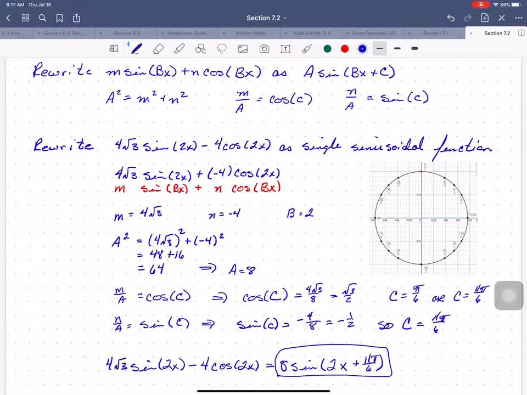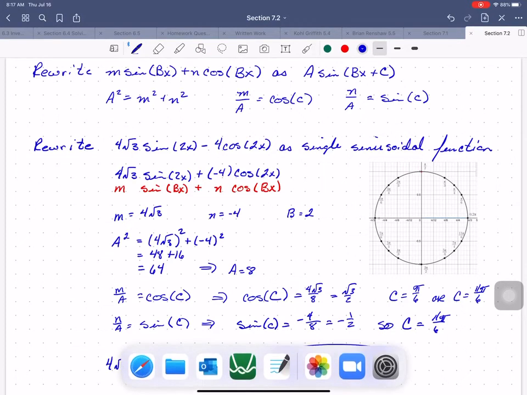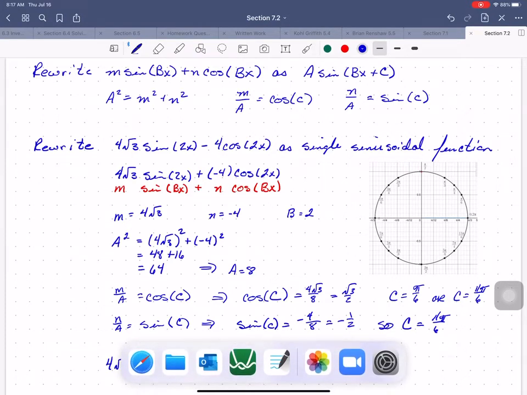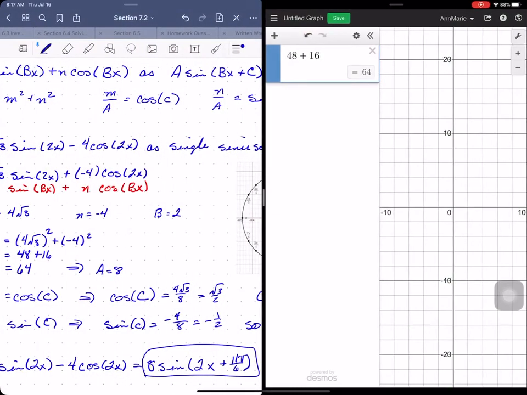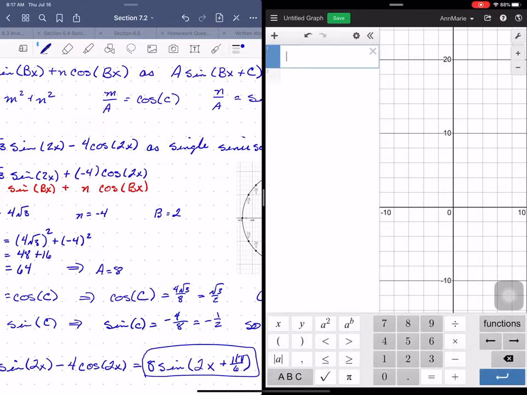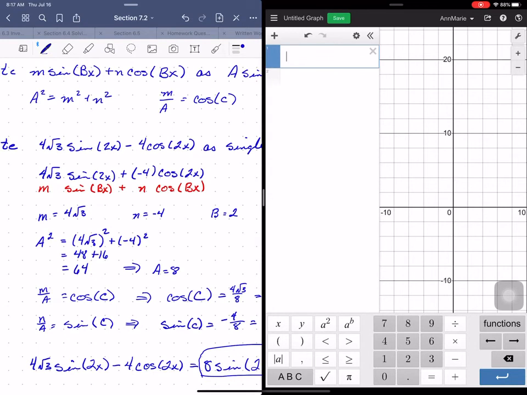And you may be thinking to yourself, no way, because both of those original sine waves have an amplitude less than 8. How do they combine together to make a larger amplitude wave? Well, let's look at this. If I'm not lying to you, then I should be able to graph the left-hand side of this.